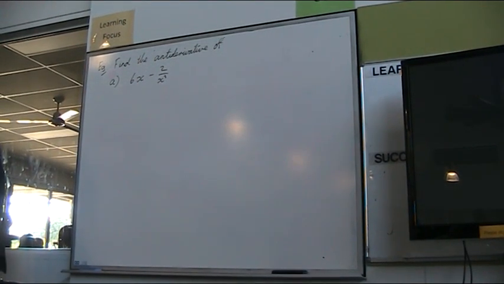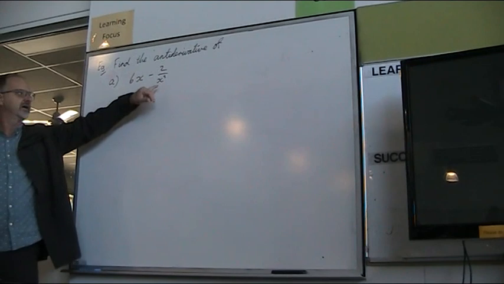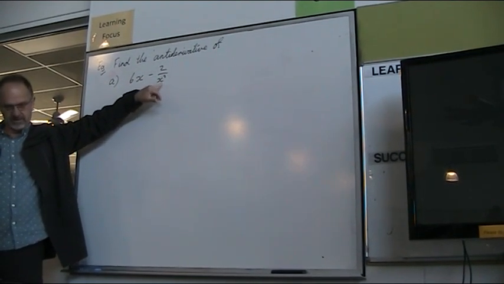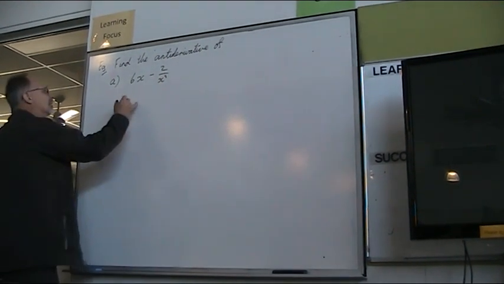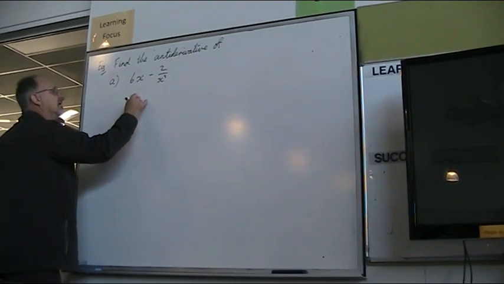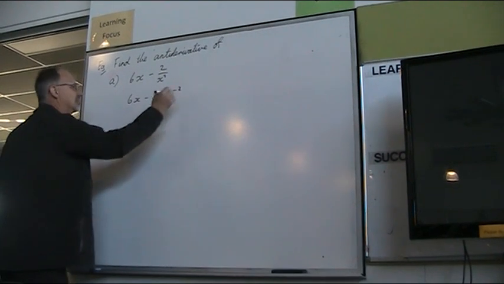Alright, so the same thing that we did before when we differentiated. Rewrite the second term as 2 times x to the minus 2.